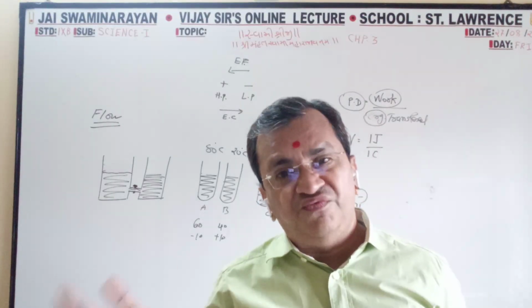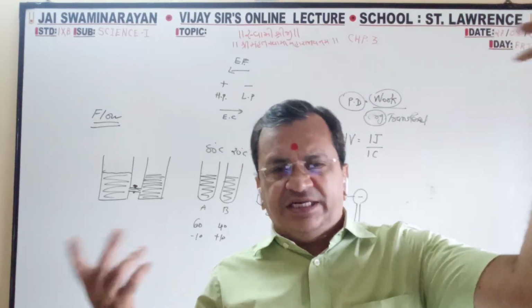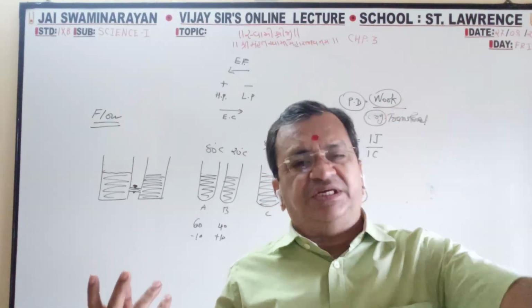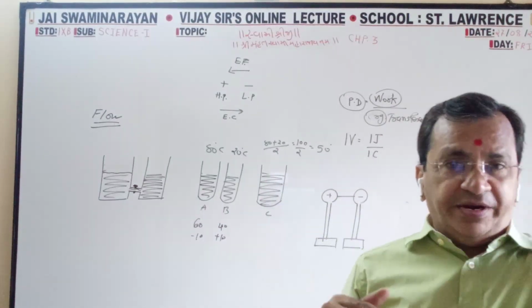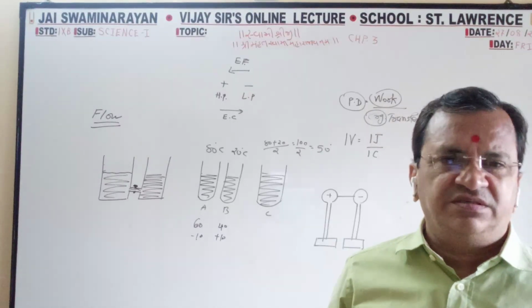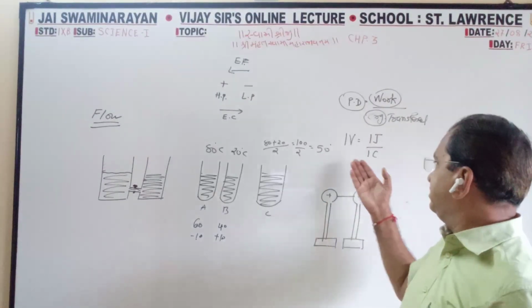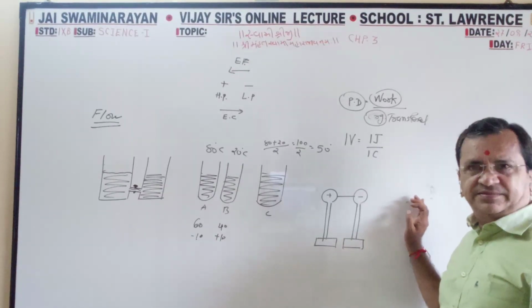For flow we need a difference in level. The higher level is positive potential, the lower level is negative potential, and the difference is the potential difference, which we measure in volts in different batteries.